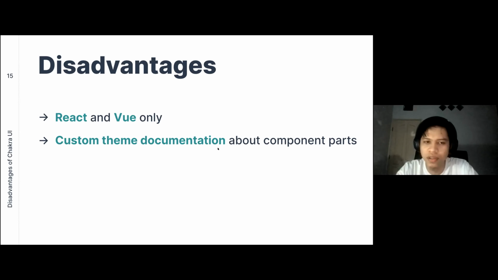If we want to customize that, we need to know the part name before we start to customize, and that is not in the documentation. So we need to find it manually in the repo and find the file with the same name as the component, and see that they put it at the head of the file. It's inside an array, and we're able to see the parts.